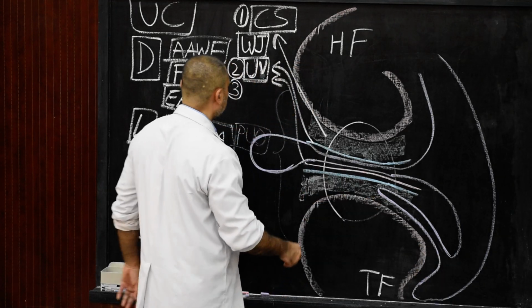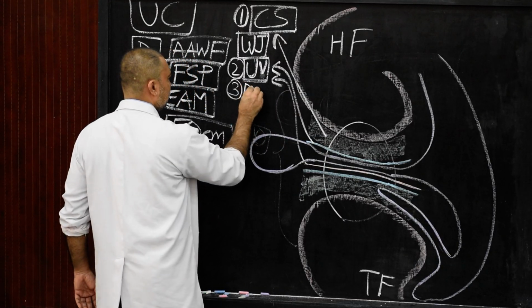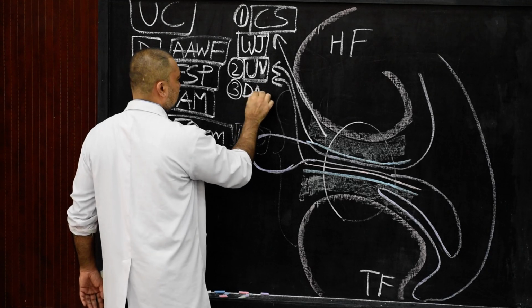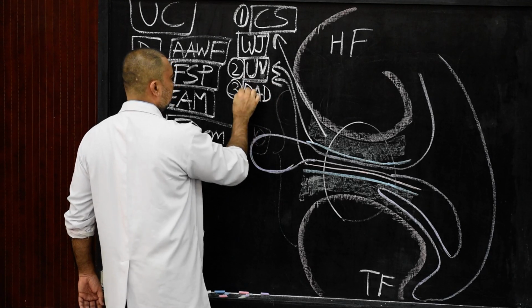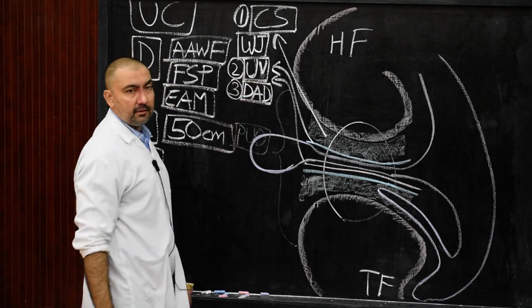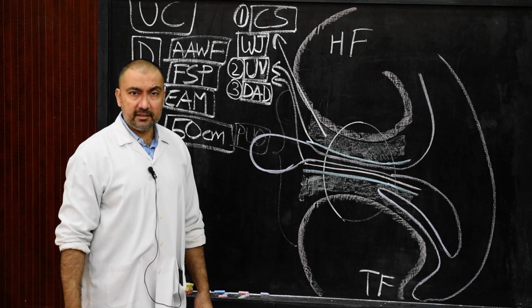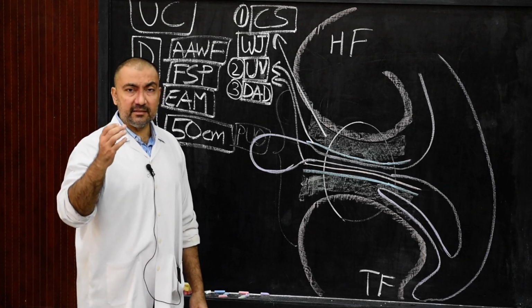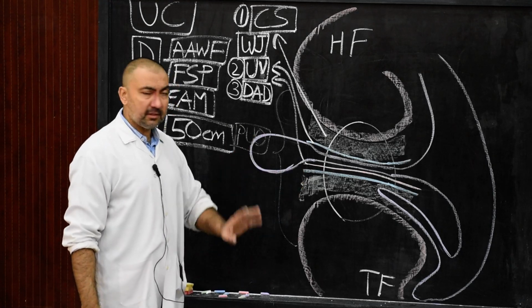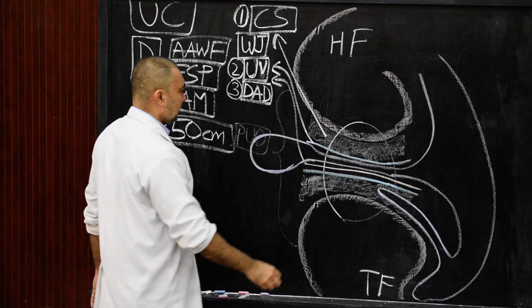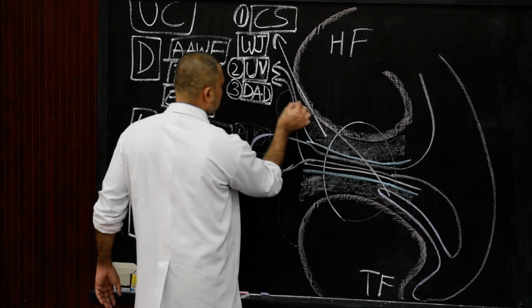So therefore, I will write down distal part of allantoic diverticulum is content number 3 of umbilical cord, and here I am going to mark it in this way.